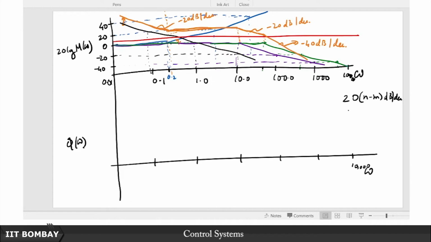So eventually this plot will encounter no further corner frequency, so it will keep descending at the same rate of 20 times n minus m dB per decade here. Here n minus m is 2, there are 3 poles and 2 zeros, right. So therefore you will see that eventually it will descend at 40 dB per decade. Maybe I should put a minus sign here, because obviously n means a pole, so a pole will have minus 20 dB per decade. So that's exactly the rate of fall.